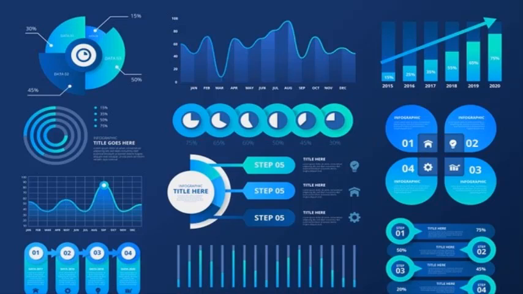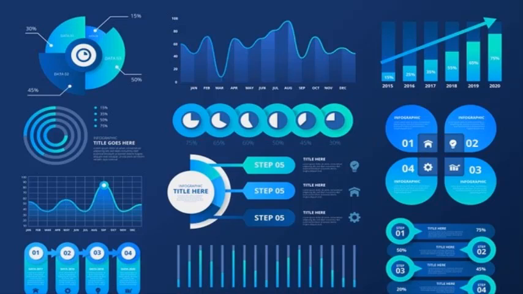Graphical representation. Functions are often represented graphically, where the input values are plotted on the horizontal axis, the x-axis, and the corresponding output values are plotted on the vertical axis, the y-axis.